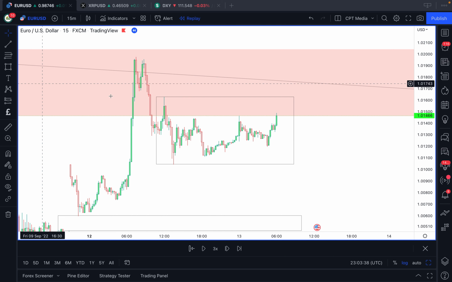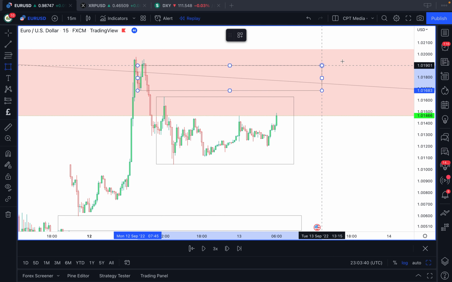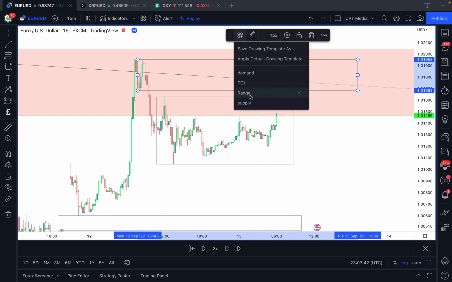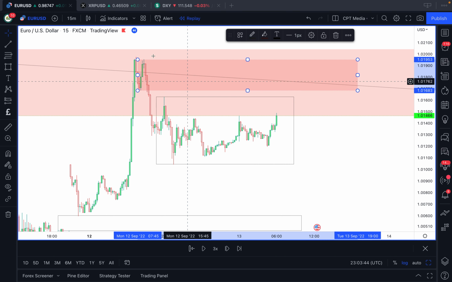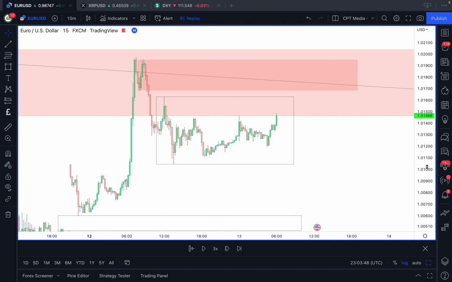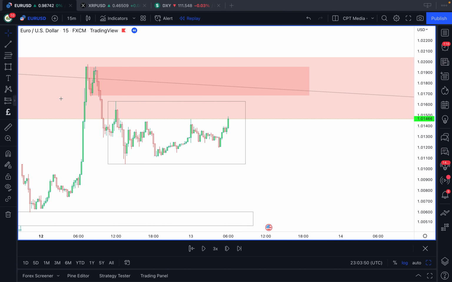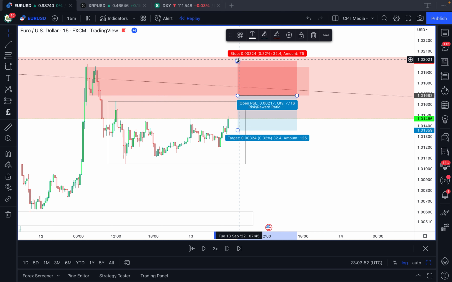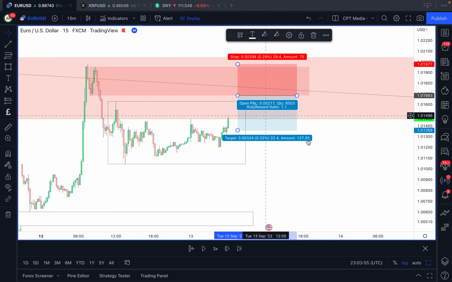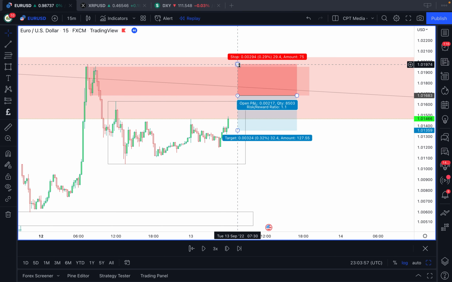Now what I would look for is some sort of manipulation. So I want price to come up to this zone, right, within the supply, the main supply region, and then look for confirmations to take a short from this level on the lower time frames. So I'd place my limit there, or depending on how you trade, you could take an instant execution using lower time frame confirmations.